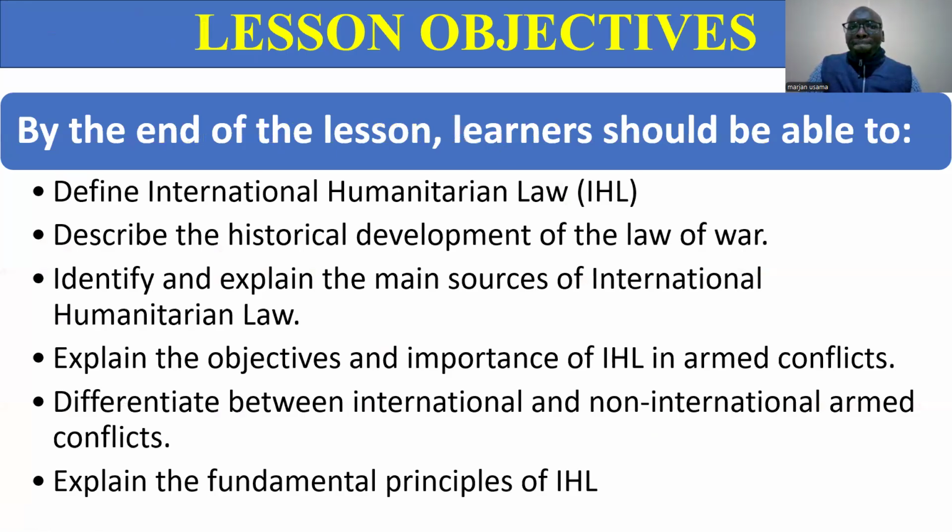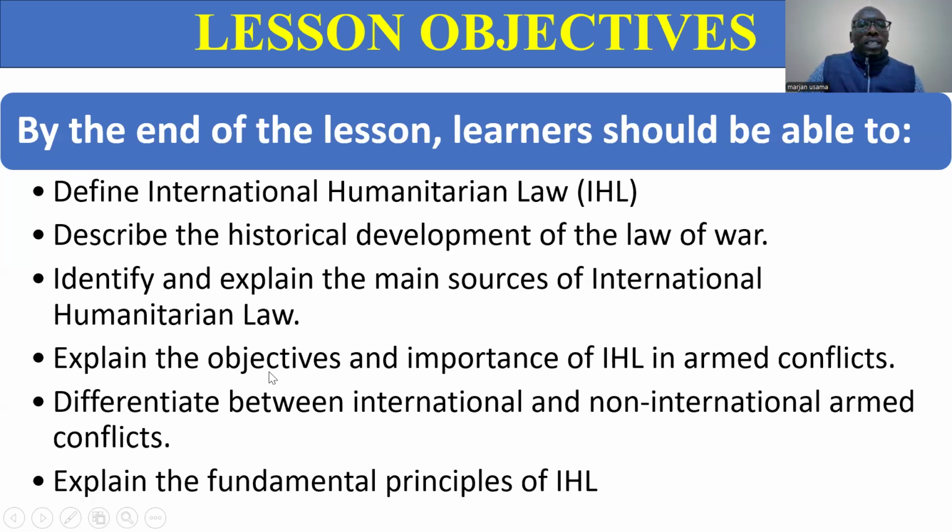As we cover this topic today, this shall be our lesson's objectives. Number one, by the end of the lesson, learners should be able to define international humanitarian law, which is the law of armed conflicts. Number two, describe the historical development of the law of war. Number three, identify and explain the main sources of international humanitarian law.